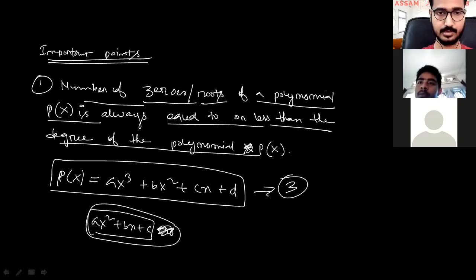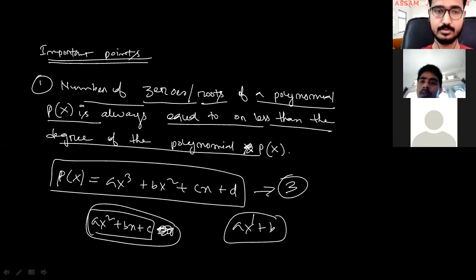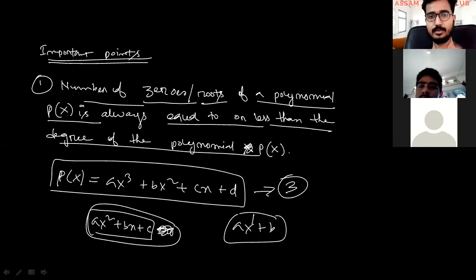Suppose this is one linear polynomial, so it has only one root because the degree is 1. So the number of zeros or roots of the polynomial is always equal to or less than the degree of the polynomial. So this is number 1, very important.